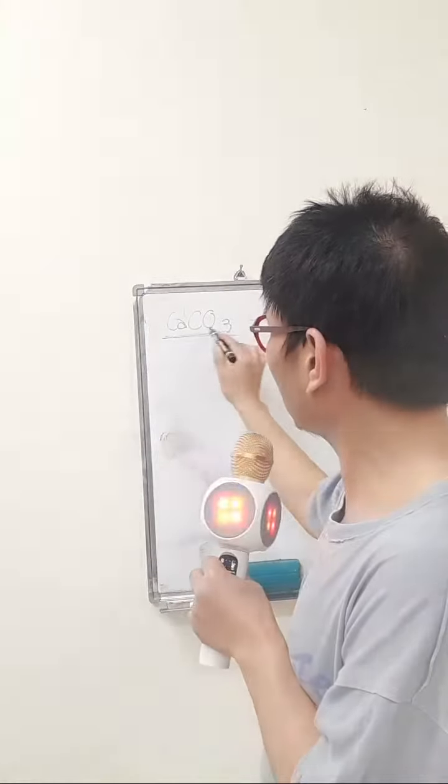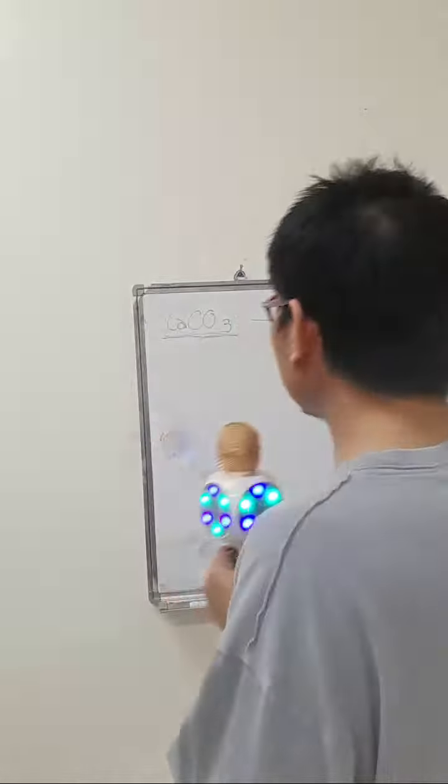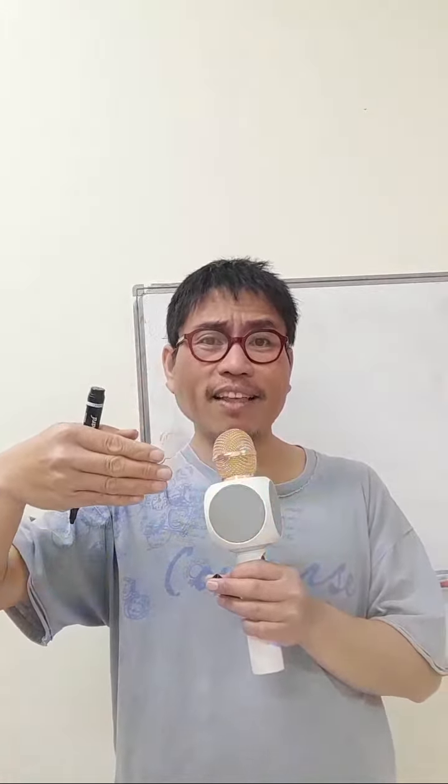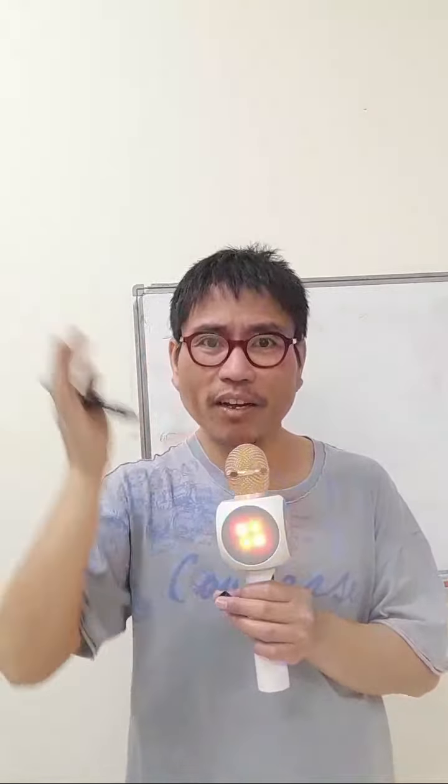Why? Because of the presence of carbon dioxide here. After applying heat, or burning, the calcium compound will exist as a solid, and the carbon dioxide will be released to the atmosphere.